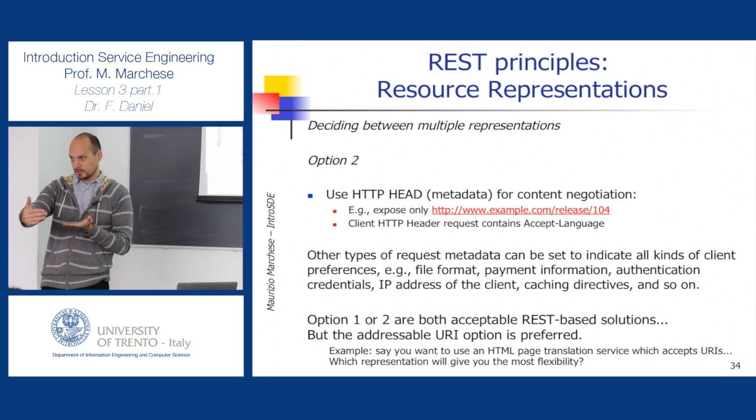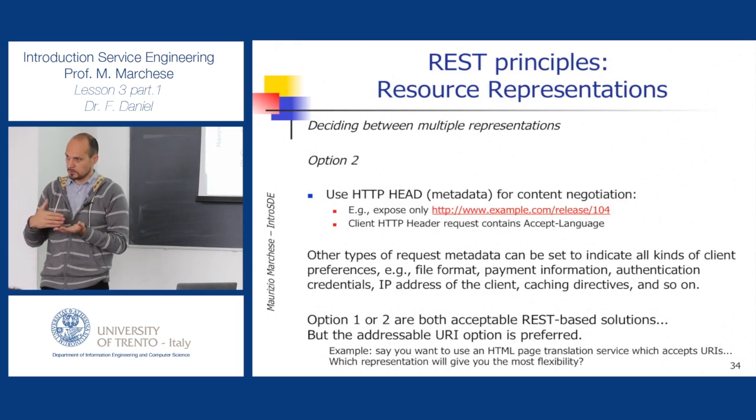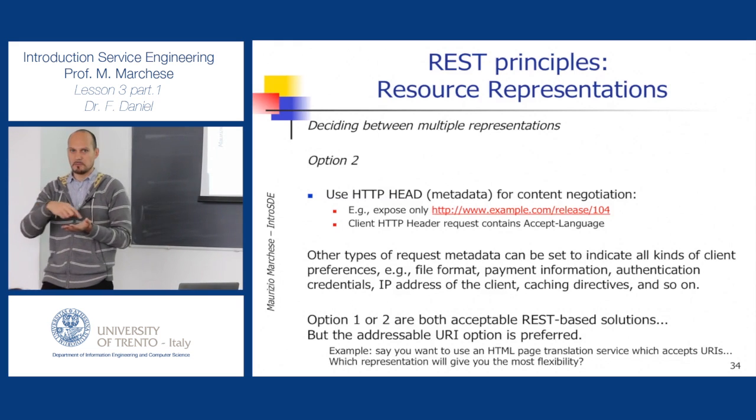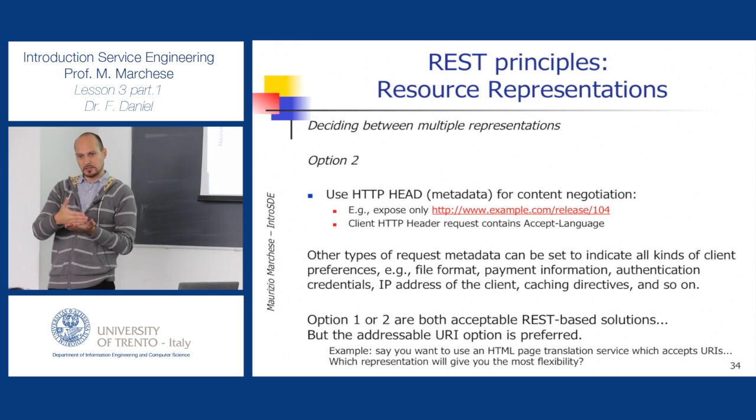If you issue a GET to the URI of the resource, you get a representation of the resource. If you only issue a HEAD request, then you get only the metadata about the resource, and you get information about which representations of that resource are there. This is just a control message, let's say. You invoke it, and then the server tells you which representations it has.